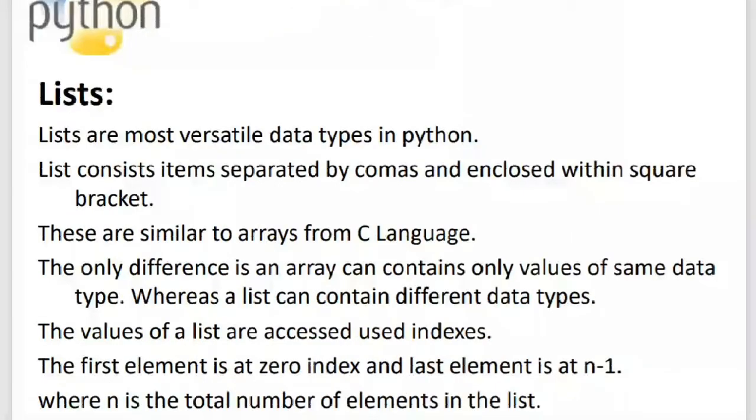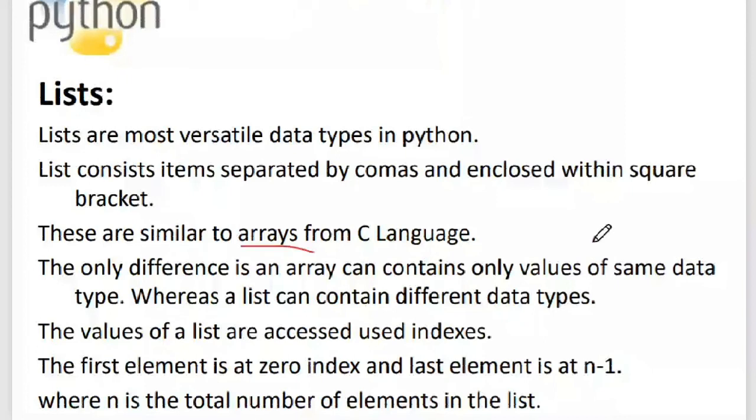List data types are the most versatile data types in Python. So what is the syntax of a list? Before getting into the syntax, just understand that lists are similar to arrays from the C language that you have learned.